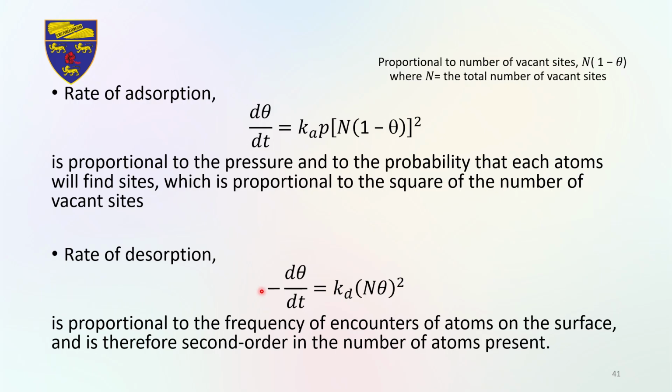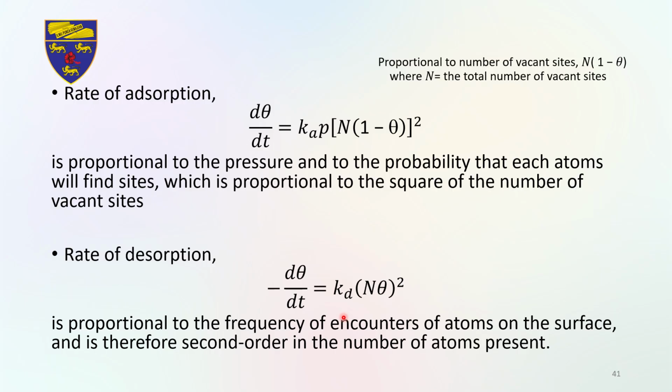For a molecule to desorb, two separate atoms adsorbed on the surface must find each other and then recombine. After that, they leave as a molecule with two atoms, which is A2. So these equations express the rate of desorption.